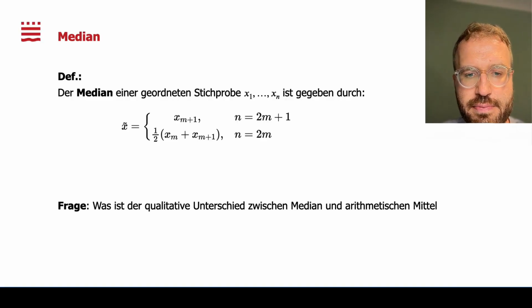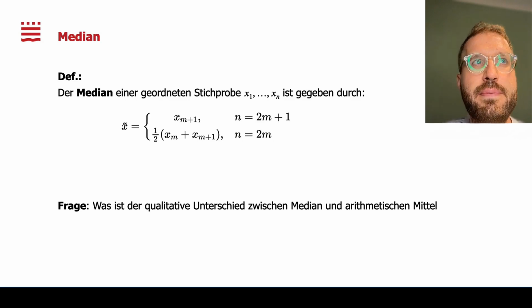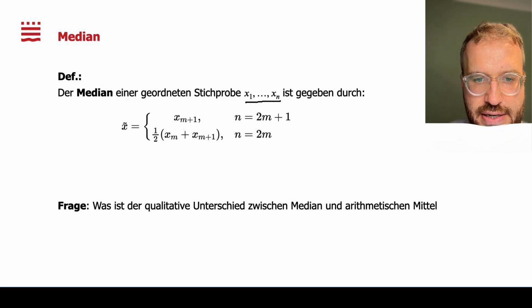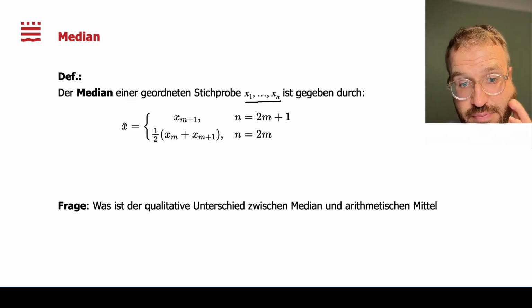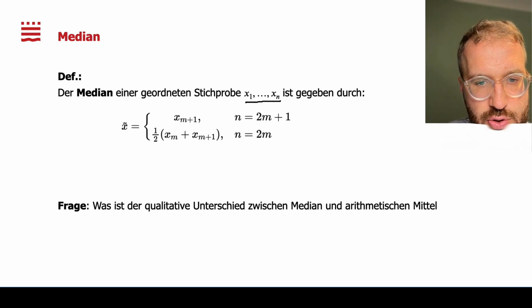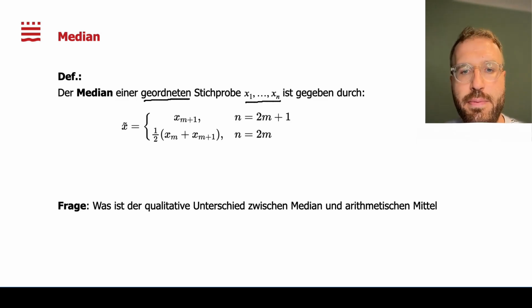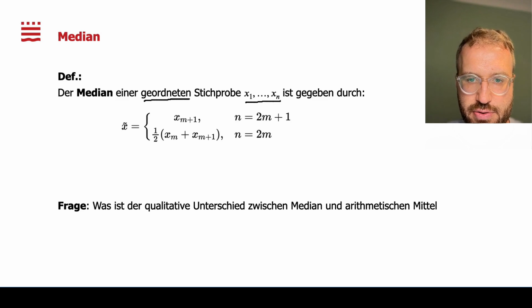And here it is important that we have a sample, x1 to xn, but, and this is very, very important, we assume that this sample is already ordered. That is, from smallest to largest. So x1 is indeed the smallest value, and xn is the largest value.